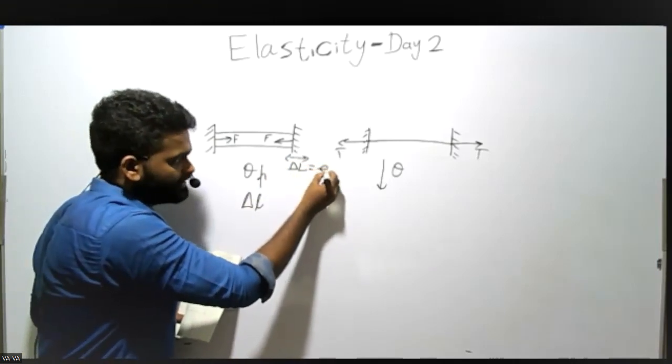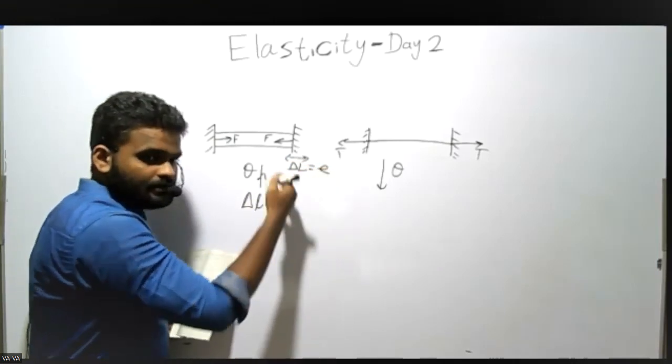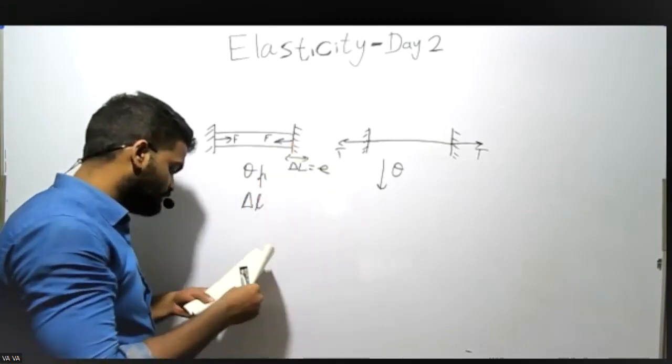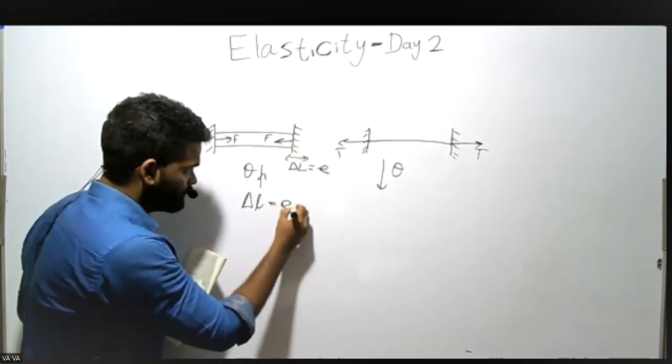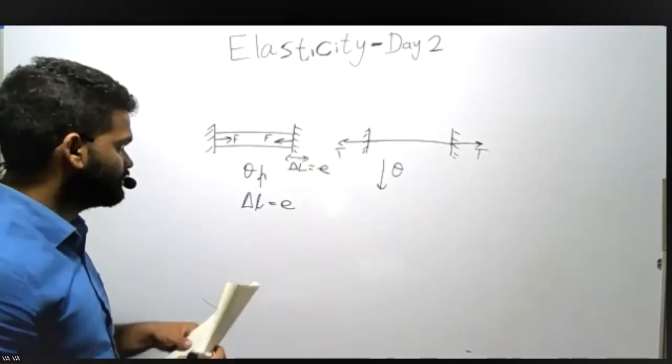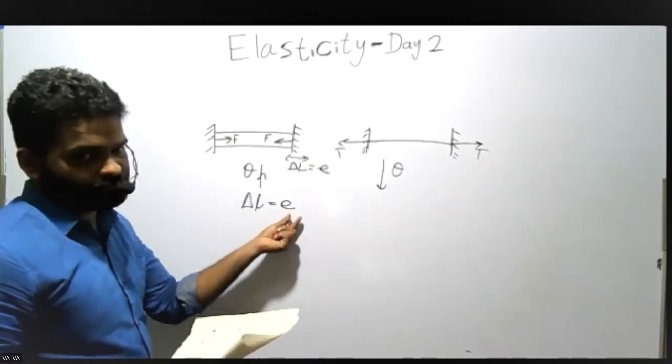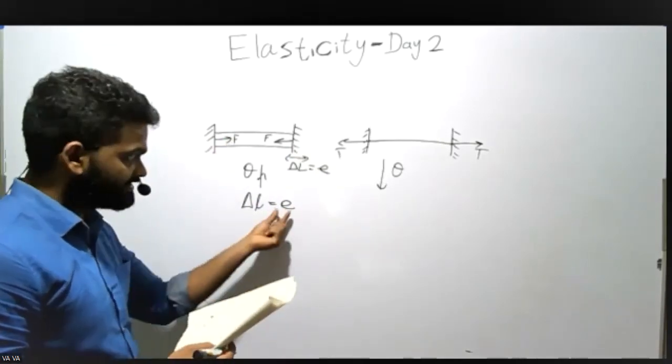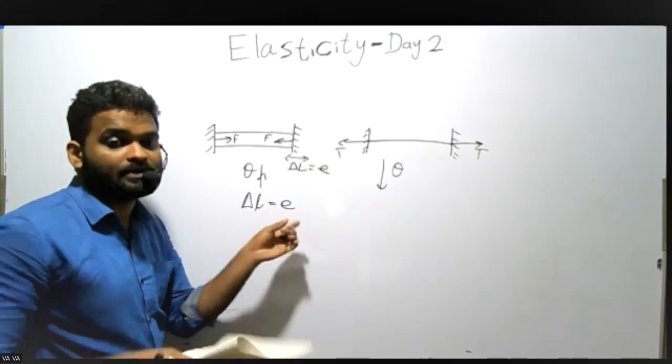Delta L is also equal to the extension, right? This is trying to extend that much. So delta L is equal to the extension e. This is the prevented amount of extension, right?